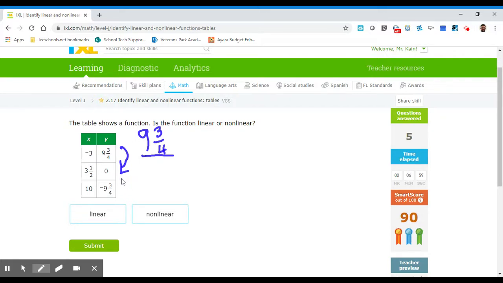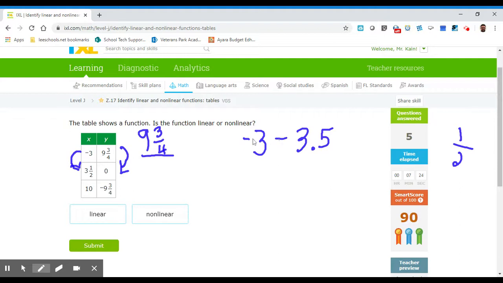Right here, interestingly enough, we have -3 minus 3.5. So -3, I like decimals, so do minus 3.5. If you forgot, you can take your top of your fraction and divide it by the bottom and you'll get 0.5.